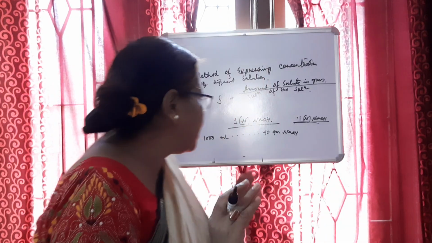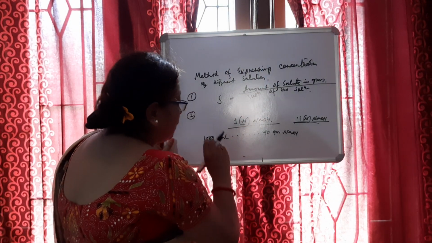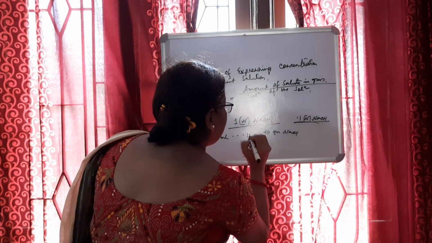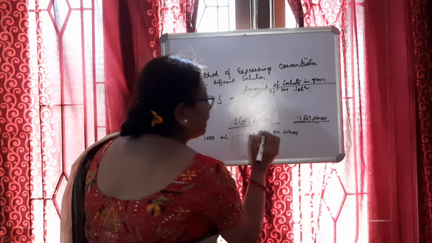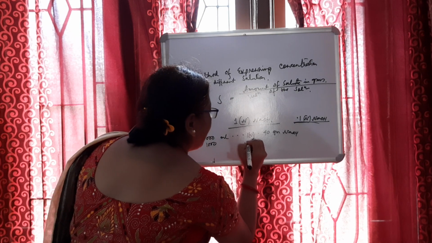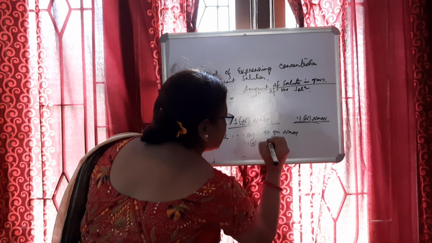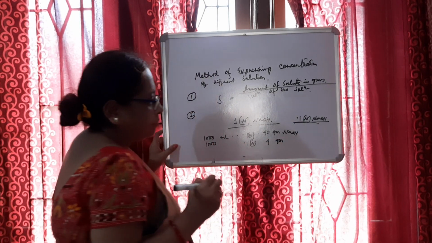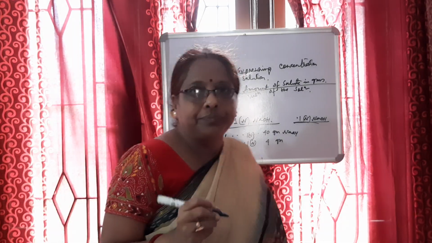the system of calculation, then we will prepare different types of solutions, different types of normality of the solution if we know the procedure. So 1000 ml of one normal solution contains 40 gram. So 1000 ml of 0.1 normal solution contains 4 gram. Is it clear?